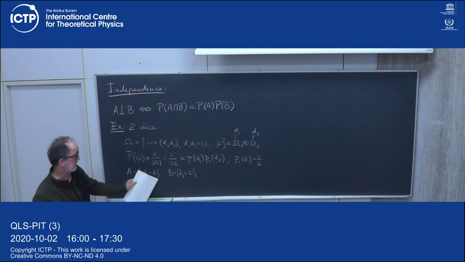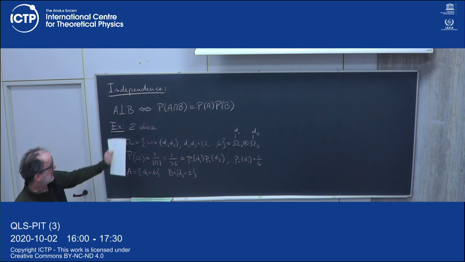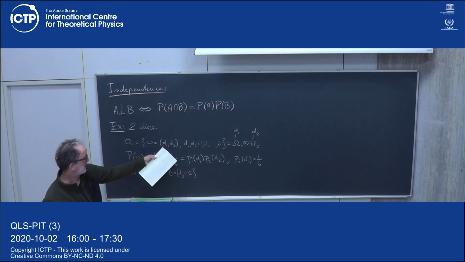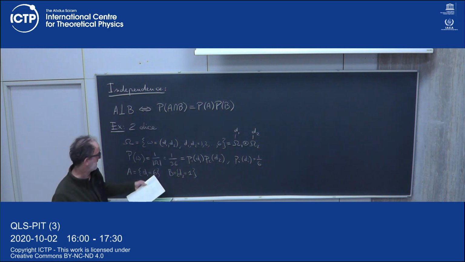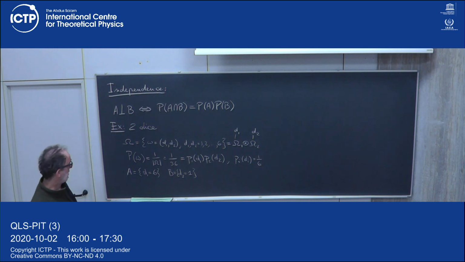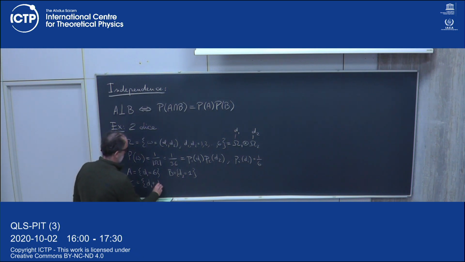So if you do the calculation, these two events are independent, and the probability of this event is just 1 over 36, because this corresponds to D1 being equal to 6 and D2 being equal to 1. Okay, but what about more complex situations? For example, we consider the event C, which is D1 plus D2 equal to 7.